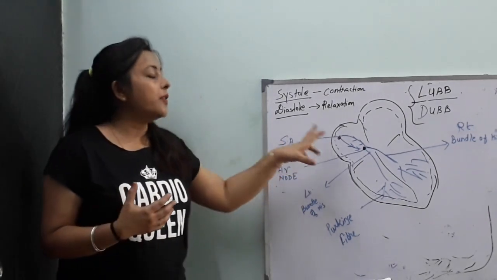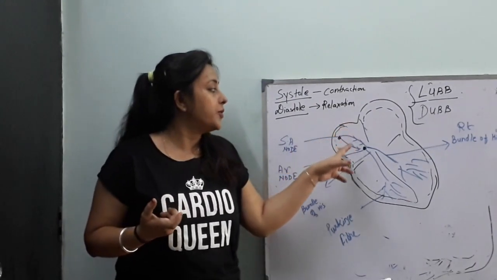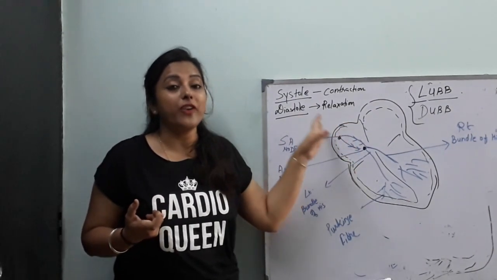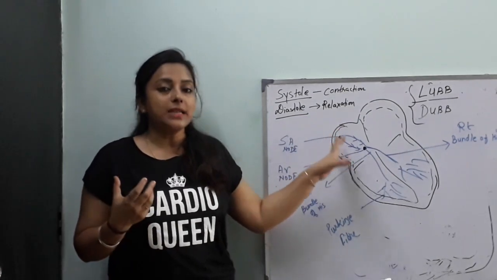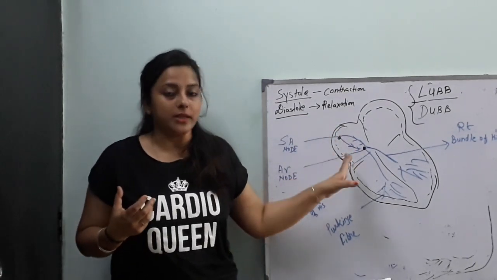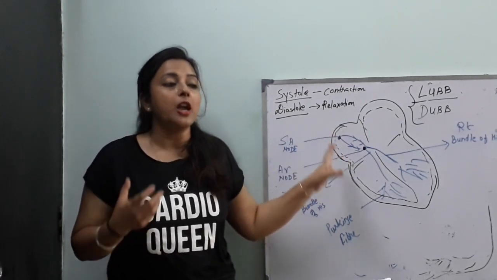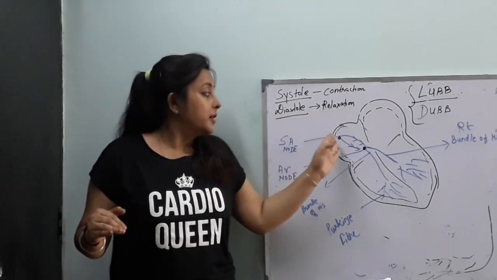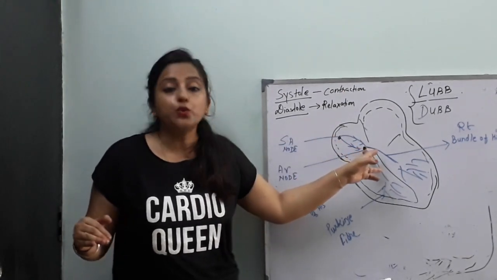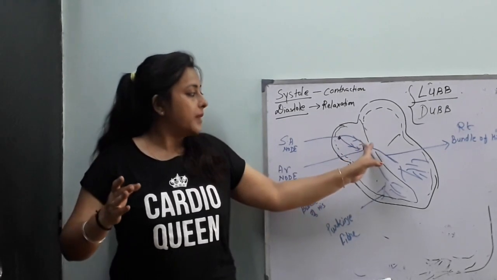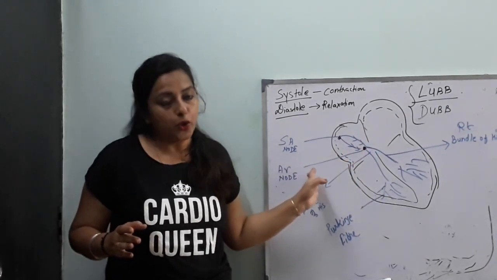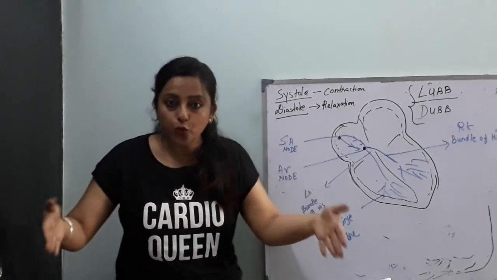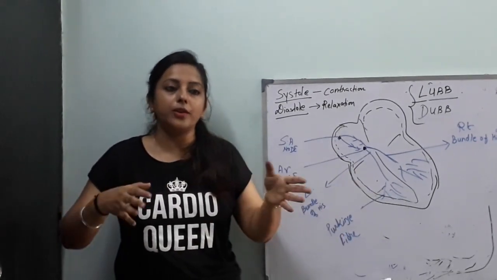We have a bunch of fibers in our right auricle that is called the SA node, and it is the place from where the first impulse generates. That is why it is also called the pacemaker of the heart. From here the impulse is carried forward to the AV node, or atrioventricular node, and from the AV node it divides into two branches, right and left, or two bundles.